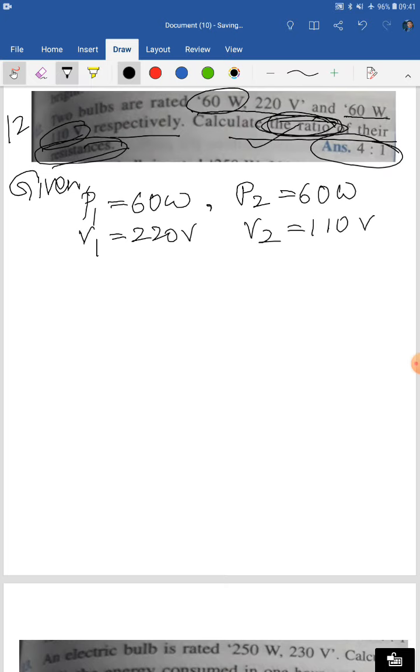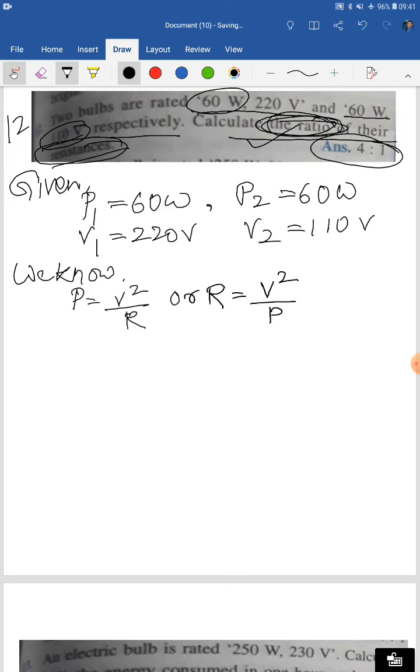Now we have to apply the best formula, rule number 2. You know P is equal to V square by R. There are 4 formulas to find power, but this is the formula where the 2 pieces of information provided by the question are related. So P is equal to V square by R, or R is equal to V square by P. Is that okay?